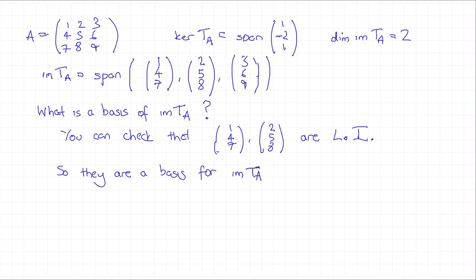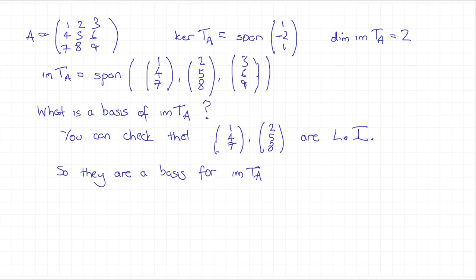That means they're a basis for the image of TA. They're certainly linearly independent. You can check this just by solving the linear equations, or by the methods you already learned for determining whether 2 vectors are linearly independent.